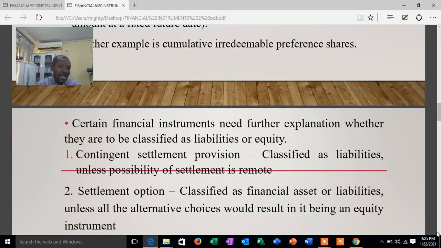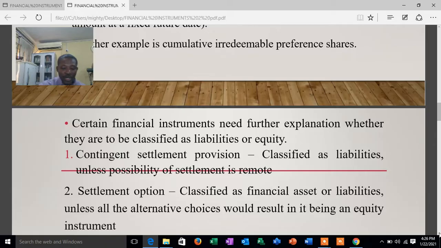In that instance, you may not necessarily classify it as a liability. But the simple rule according to IAS 32 is that in as much as there is a possibility of settlement in the nearest future, then it's a liability. But when there is no possibility of settlement in the nearest time, you may not necessarily have to follow that.